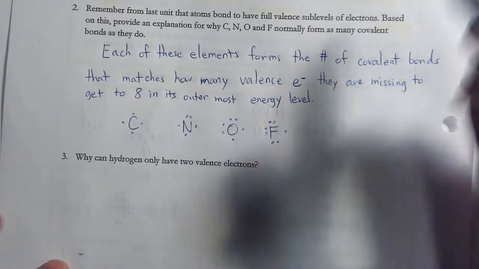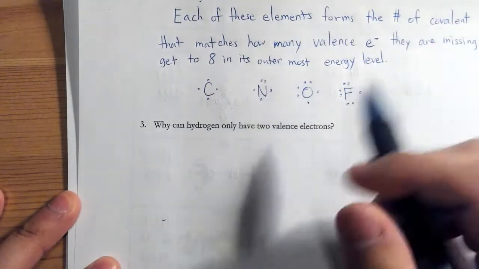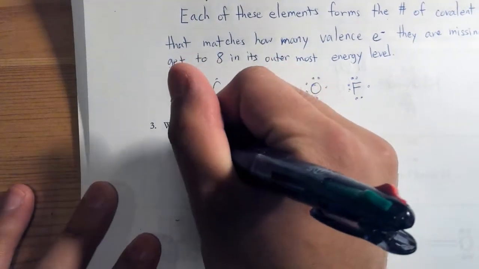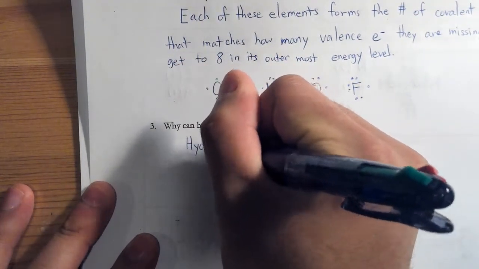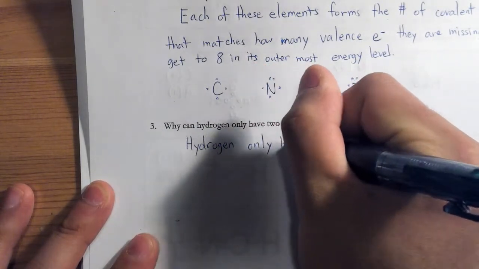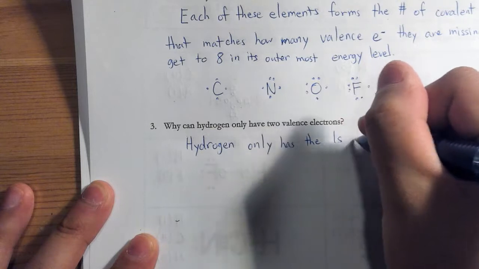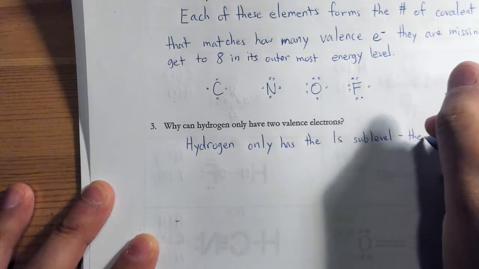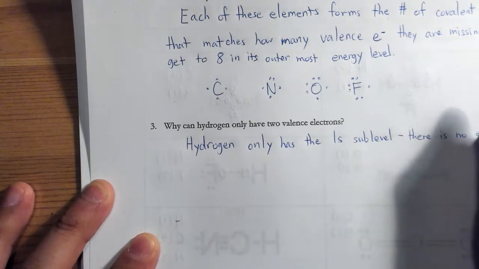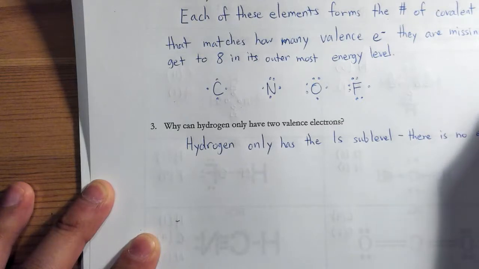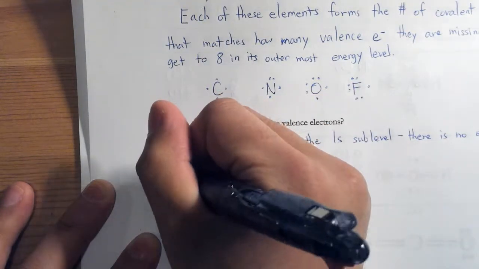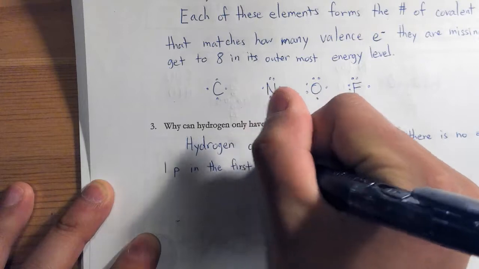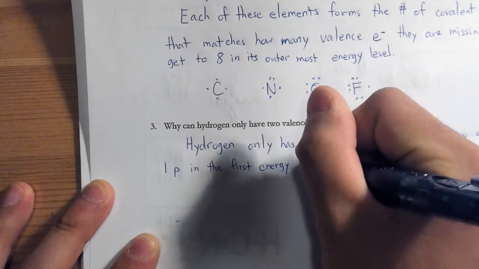We have actually learned that there's 1, but the reason for that is that hydrogen only has the 1s sublevel, which means there is no option, sorry about that, for 1p in the first energy level.